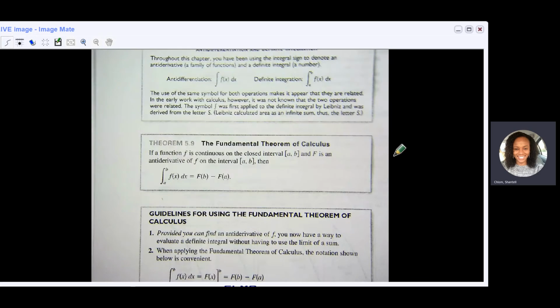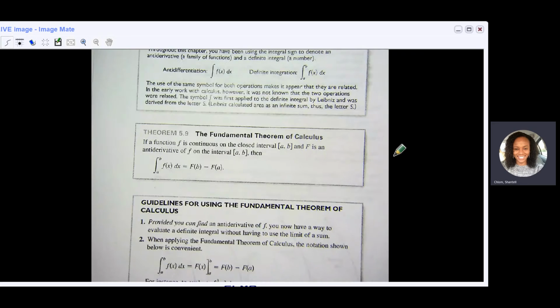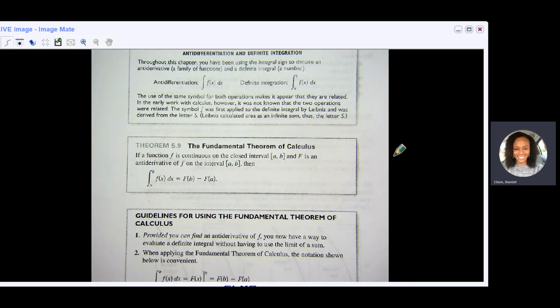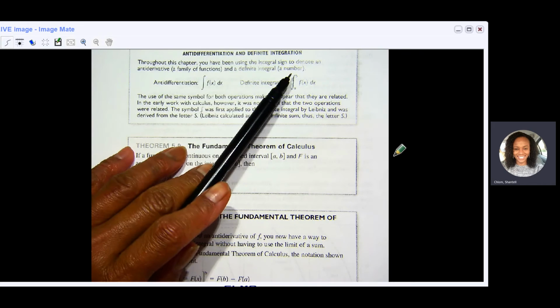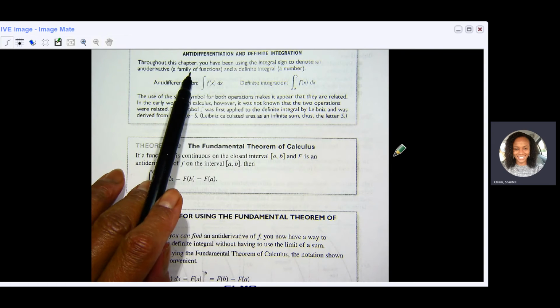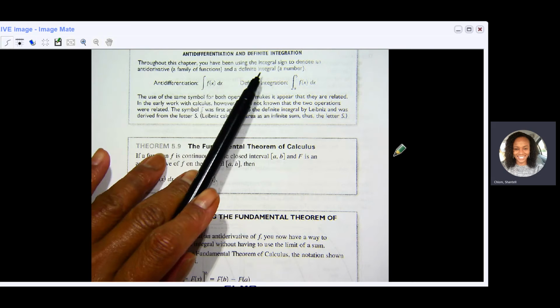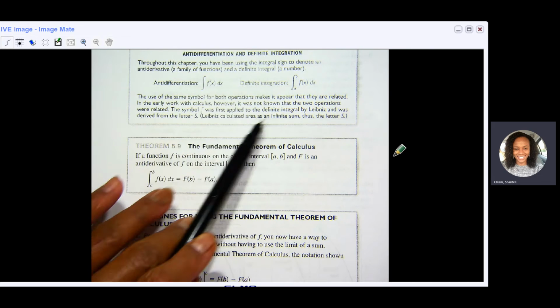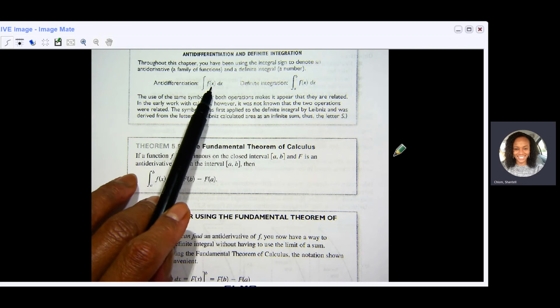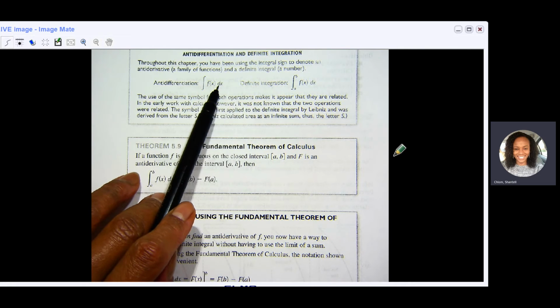So anti-differentiation and definite integration. Let's link those now. Throughout this chapter, you've been using the integral sign to denote an antiderivative, a family of functions, and a definite integral, a number. For anti-differentiation, we use this symbol to find the antiderivative of some function f with respect to x.